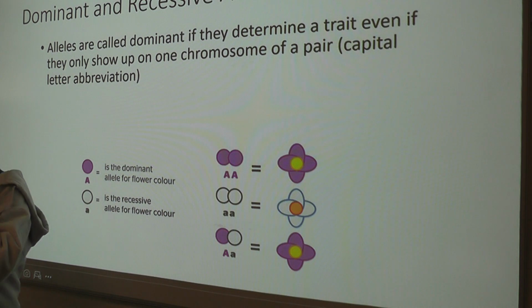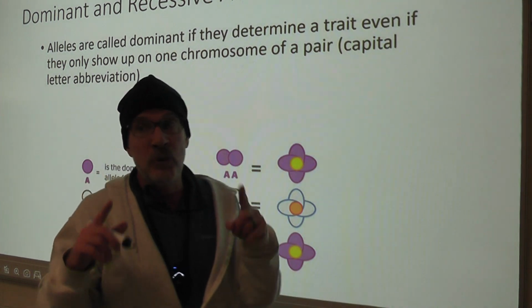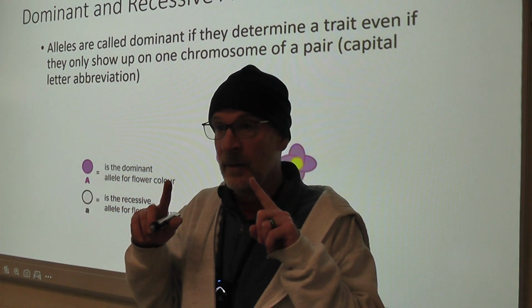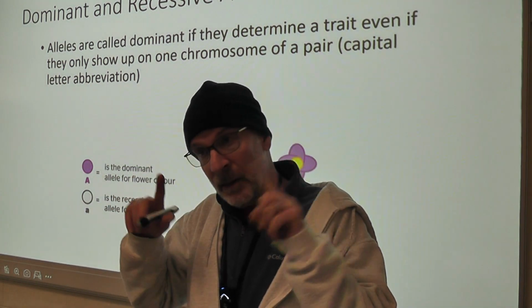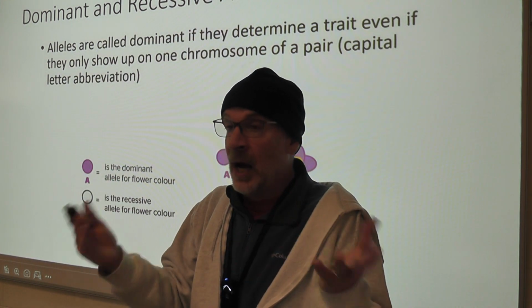I have 2 alleles for blue eyes. Every single chromosome in my body has 2 alleles for my eye color, and they're both blue. That means my eyes are blue, right? And if I had 2 brown-colored alleles, that would be the same allele, and it would just mean that my eyes are brown.